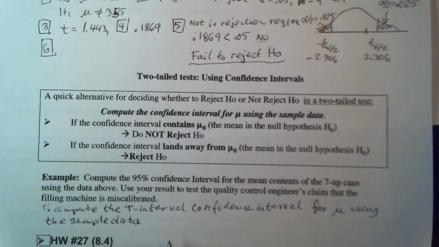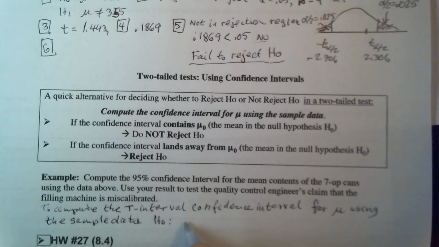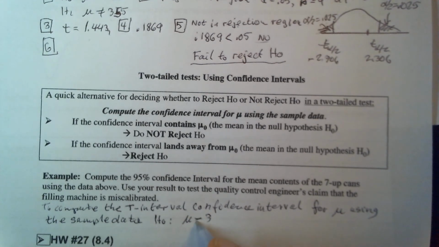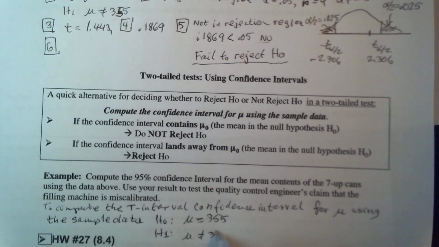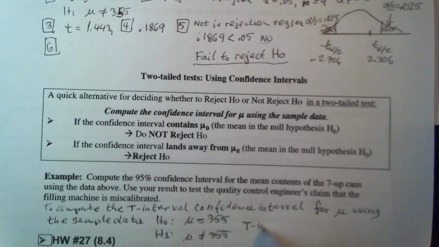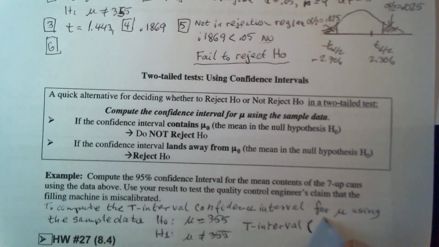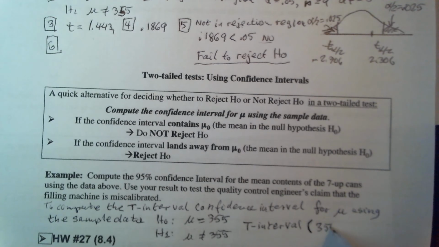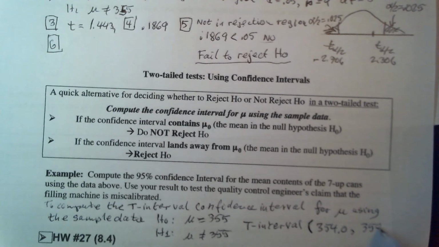So to compute the t-interval confidence interval for mu using the sample data, with the null hypothesis that the mean is equal to 355 milliliters and the alternative hypothesis that the mean is not equal to 355 milliliters, it turns out the confidence interval is from 353.4 to 359.3.